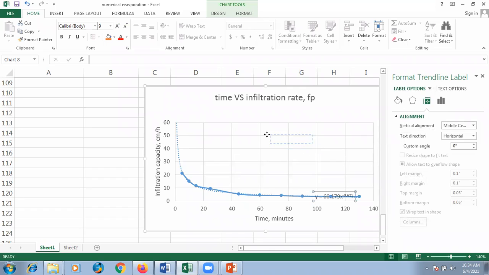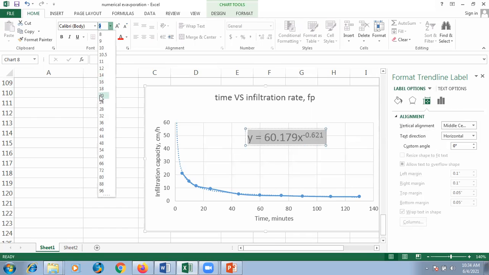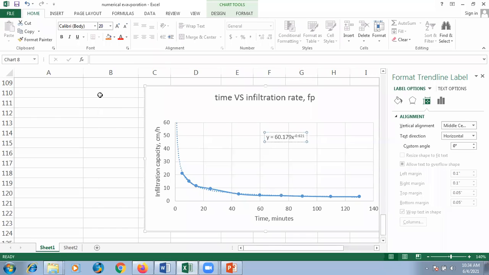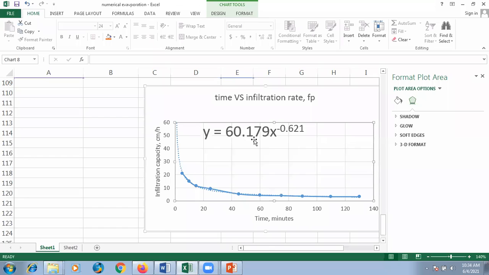Now, if you look into this and show the equation on the sketch here, look here, an exponential equation is obtained. So I will make it a little bigger such that you will see it better. Look here, 60.179 e to the power minus 0.621 x, an exponential relationship where y represents the infiltration capacity, so many centimeter per hour, where x represents time since the commencement of the rain.